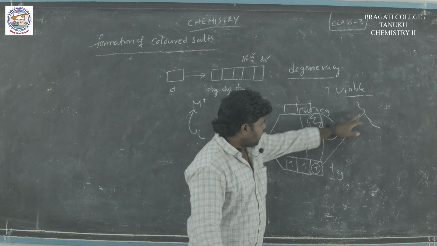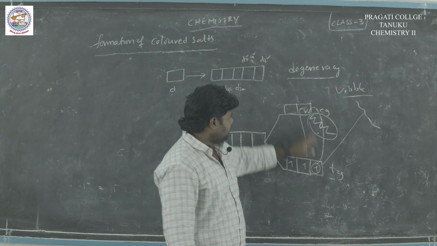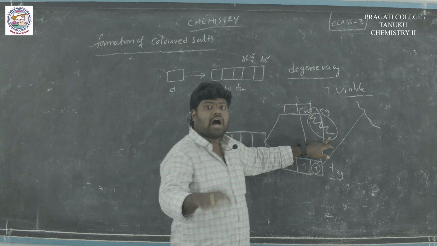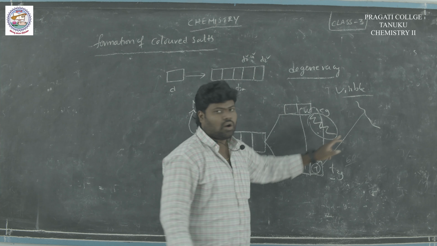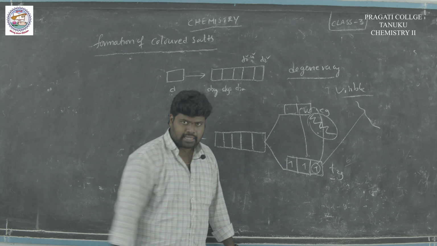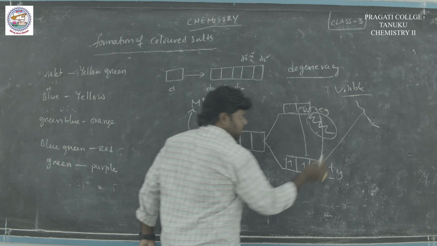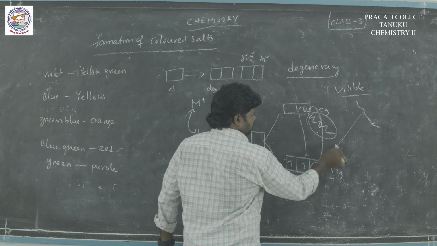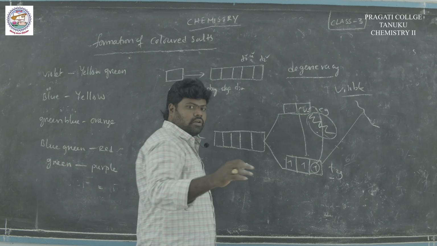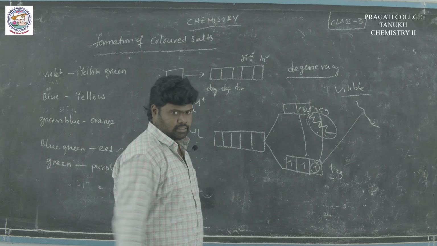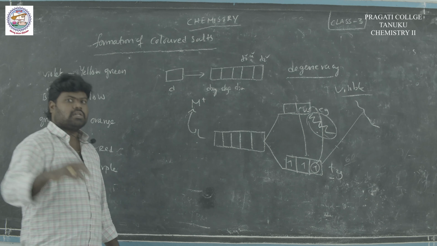The absorbed energy is one color, but the emitted energy is the opposite color. These 2 colors are called complementary colors. The absorbed and emitted energies exhibit complementary colors, and complementary means opposite.